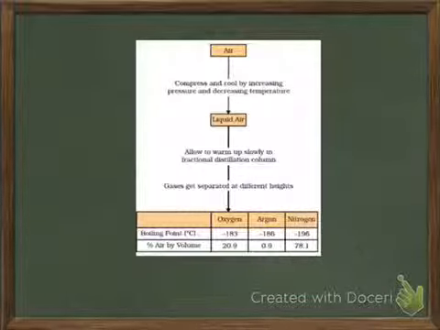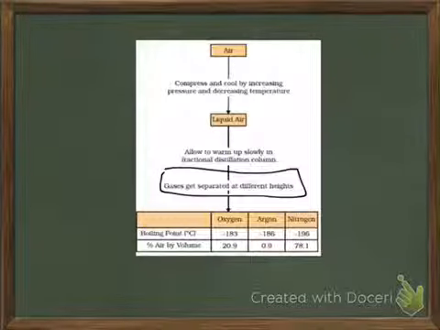Then the liquid air will be allowed to warm slowly in the fractional distillation column. All the gases will get separated at different heights. And this is the table of the boiling points of the three gases present in air.